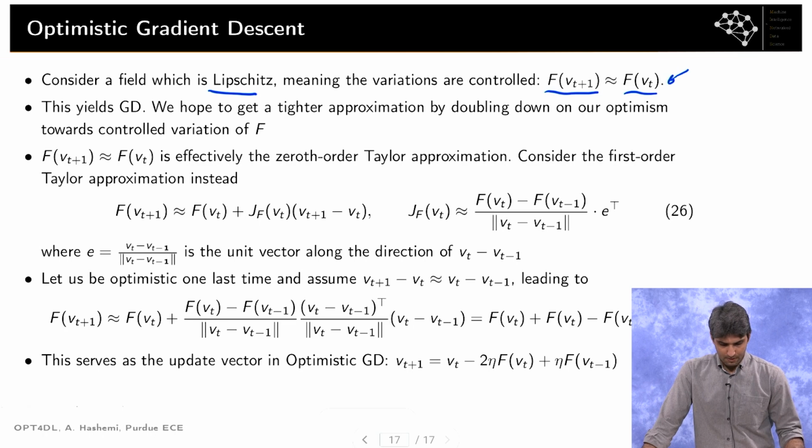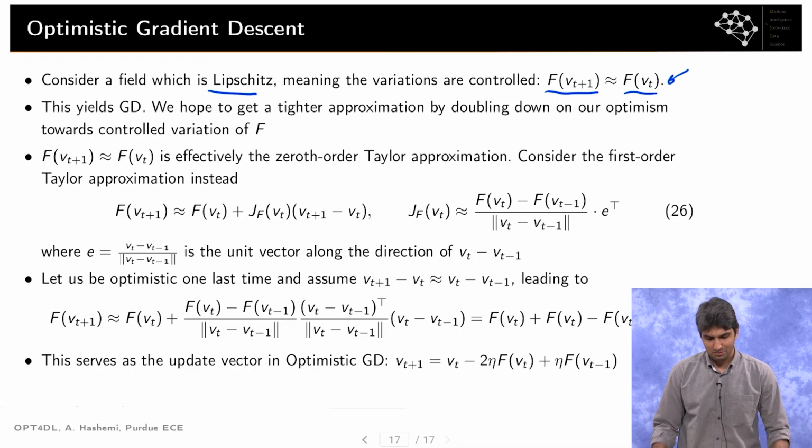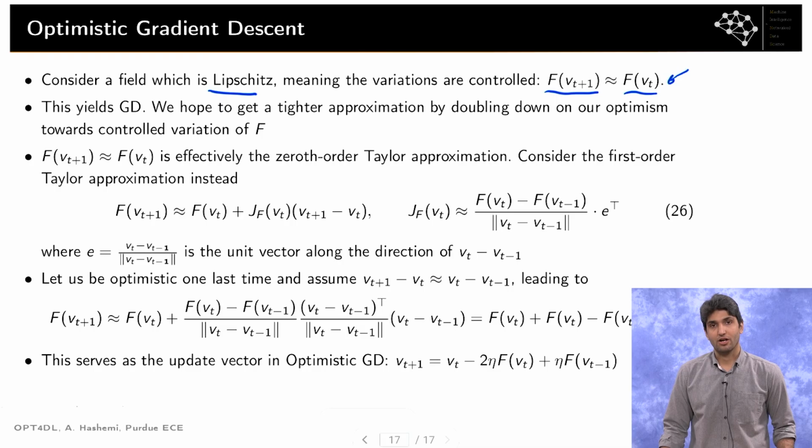So what do we do? We're going to try to get a tighter approximation by, if you will, doubling down on our optimism towards the fact that F is Lipschitz and the variations are controlled.